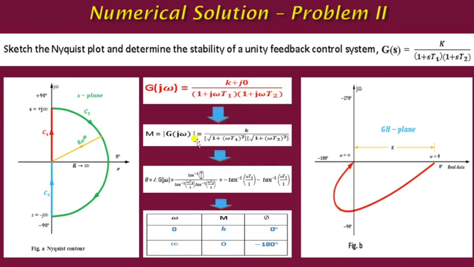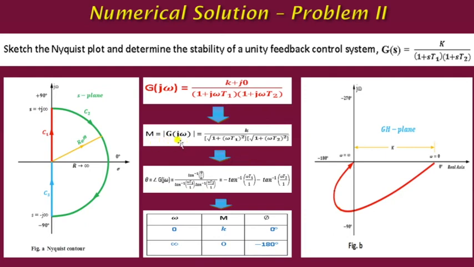Then calculate the magnitude, so taking the mod of G(j omega). This is only K over the root of 1 plus omega T1 whole square plus 1 plus omega T2 whole square.